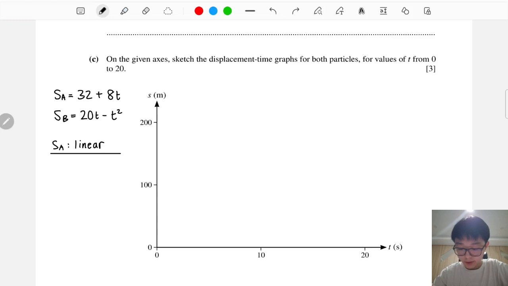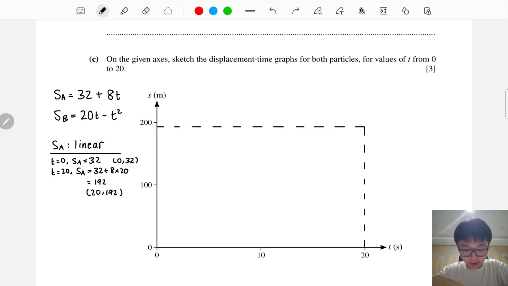So at t equals 0, S_A is equal to 32, and at t equals 20, S_A is equal to 32 plus 8 times 20, which is equal to 192. So plotting the 2 points and drawing a line connecting them, we have the graph for S_A.